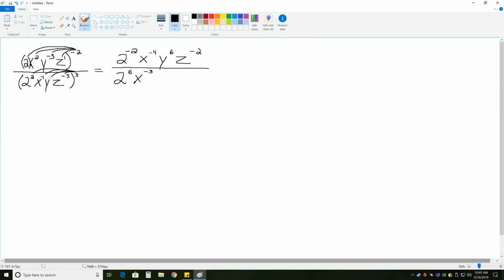This y is really y to the first power. So y to the 1 times 3 is y to the third. And finally, z to the negative 5 times 3 is z to the negative 15th power.